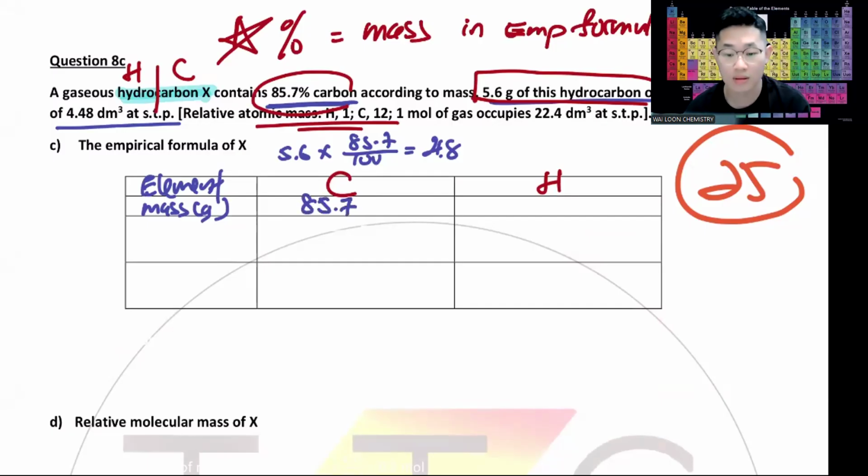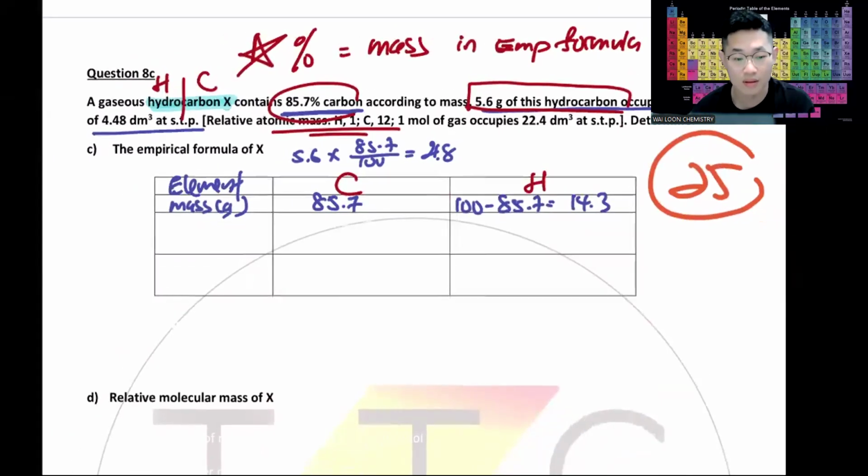Carbon is 85.7%. Yes, the hydrogen will be 100 minus that, so 14.3. Okay, then later on, we have to calculate the number of moles of atom.